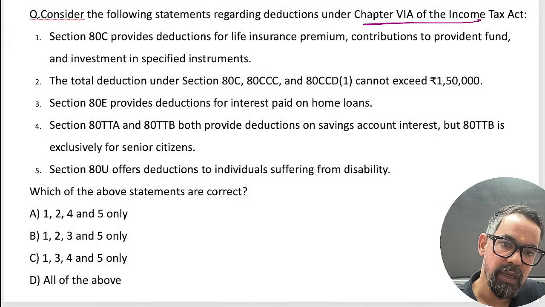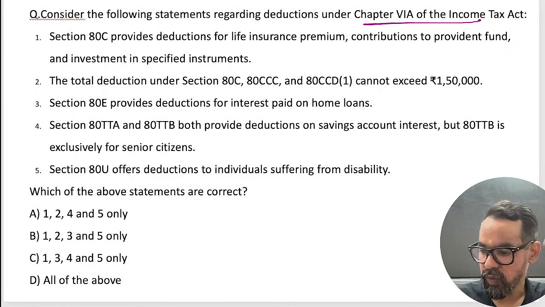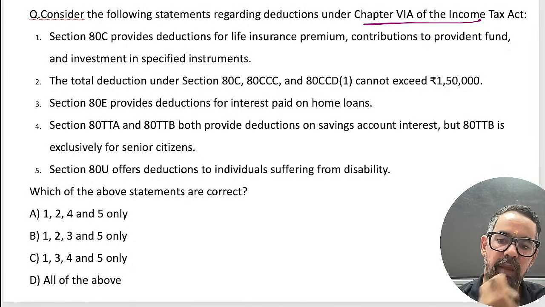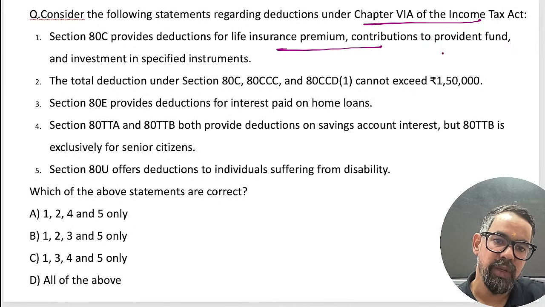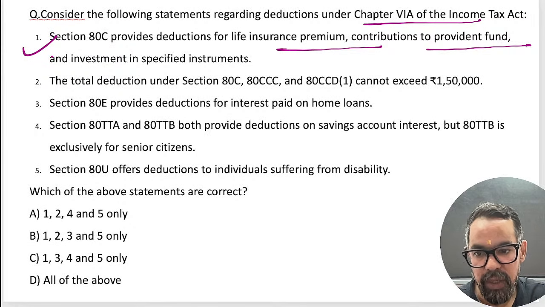Consider the following statements regarding deductions. Section 80C provides deduction for life insurance premium and contribution to PPF, with 1,50,000 as the limit.